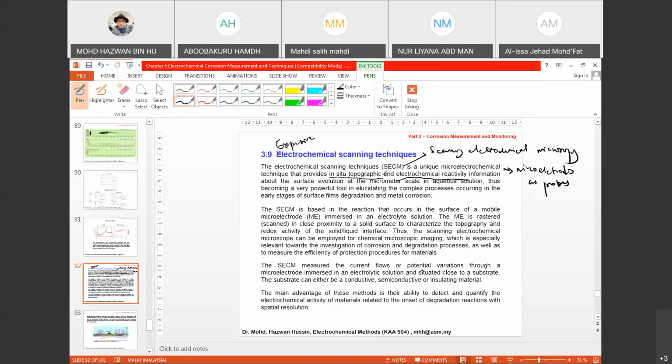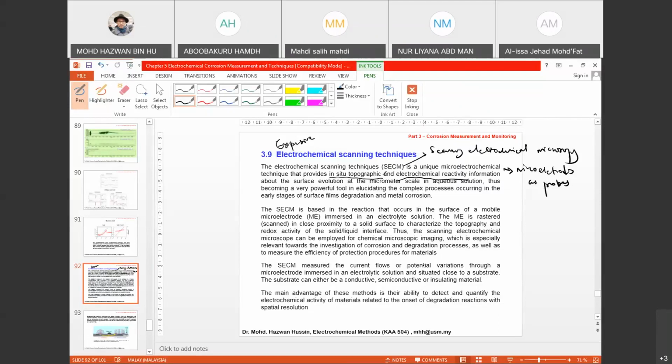Okay. Right. So SECM is based on the reaction that occurs on the surface of mobile microelectrodes immersed in electrolyte solution. The microelectrode is rastered or scanned in close proximity to the solid surface to characterize the topography and the redox activity of the solid-liquid interface.